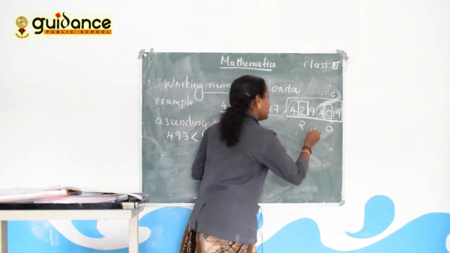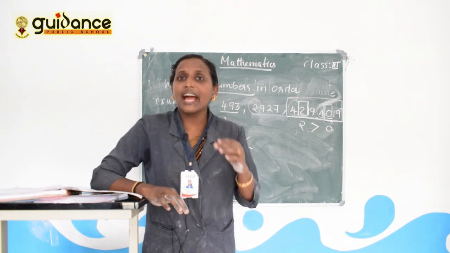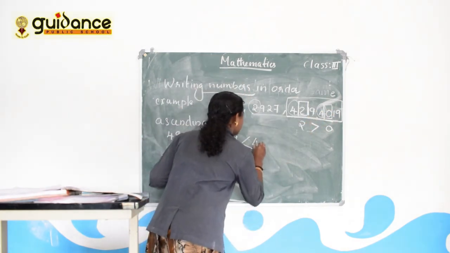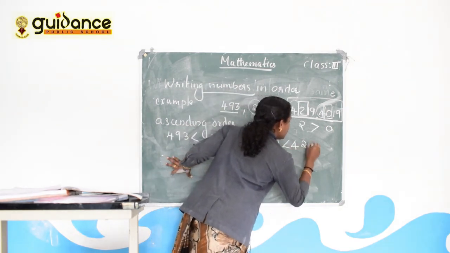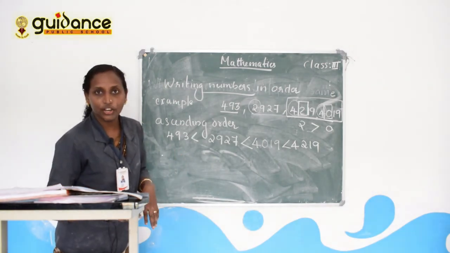That means 2 is greater than 0. So write the next number 4019, and the next number 4219. So this is the ascending order.